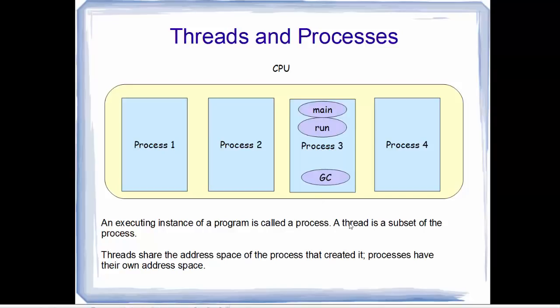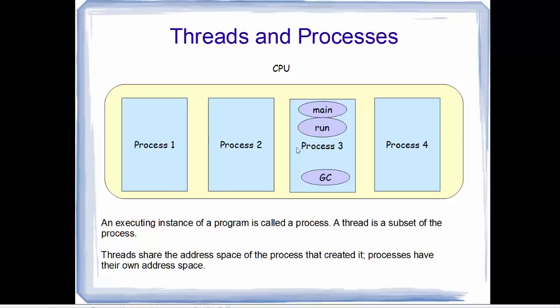So a thread is a subset of a process. Threads share the address space of the process that created them. Processes have their own address space. This process has its own address space, this process has its own address space, and other processes also have their own address space.